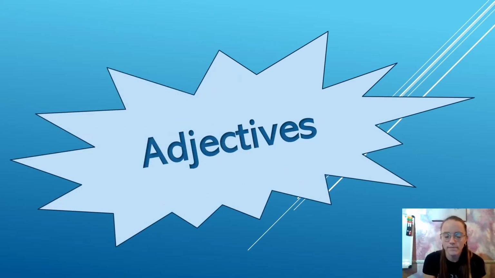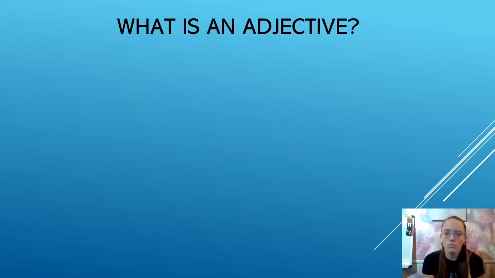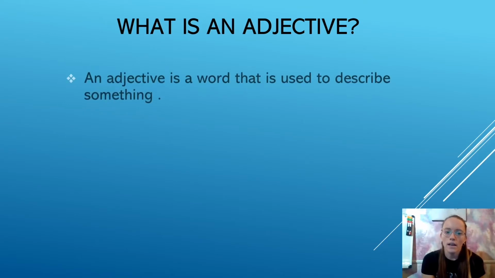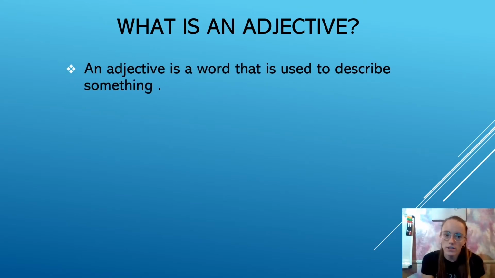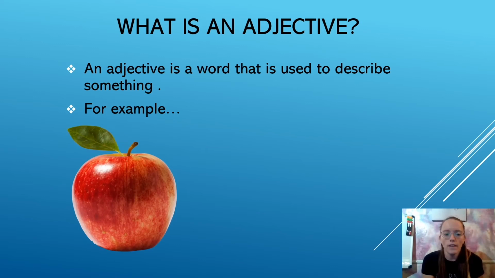Hello and welcome to my short PowerPoint on adjectives. So, what is an adjective? An adjective is a word that is used to describe something. Some people like to call these describing words. For example, here we have an apple.